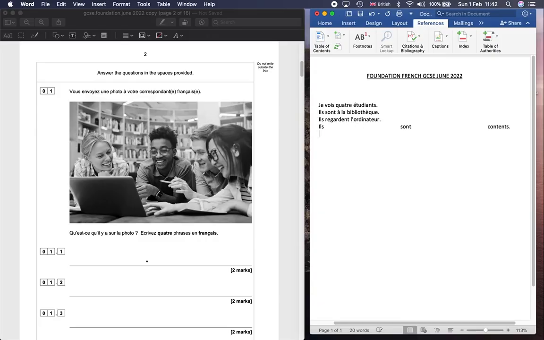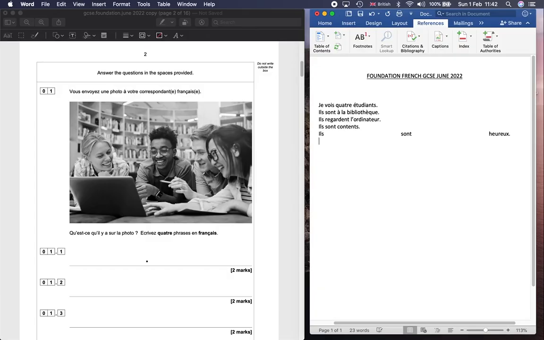Or we can say, ils sont heureux. Heureux. So here we have 1, 2, 3, 4, 5 sentences.